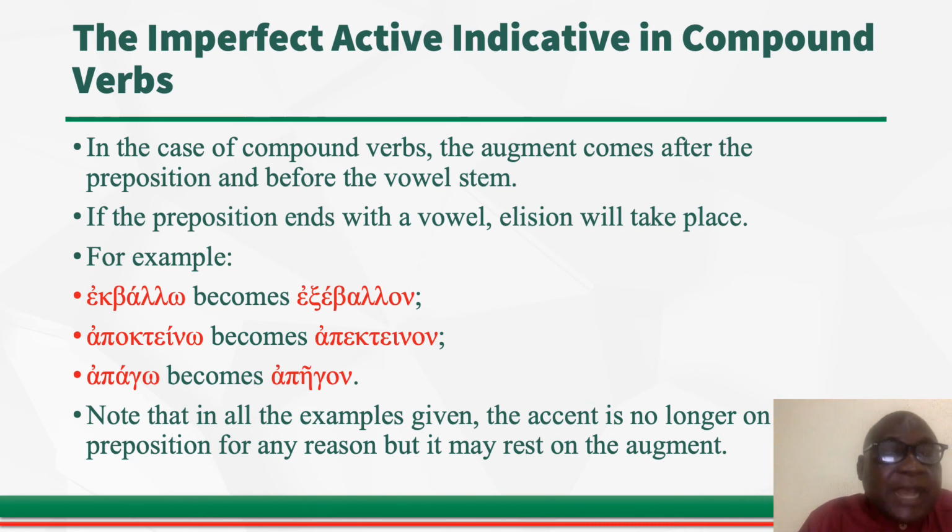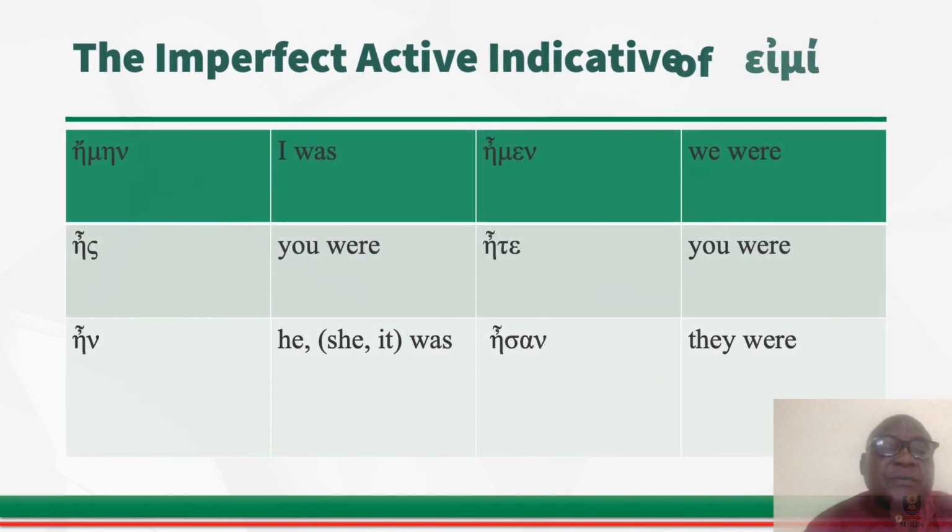Ekballo: you have to bring the augment epsilon before ballo, and you now have exeballon. Later, you will understand why this became xi. In apokteino, we now have apekteinon. This omicron has to be elided to give way for the epsilon. Apago becomes apegon.